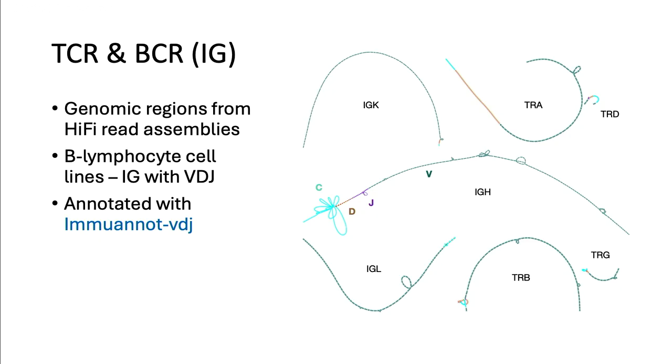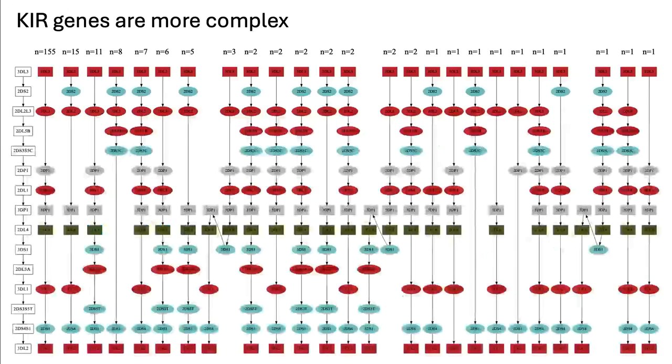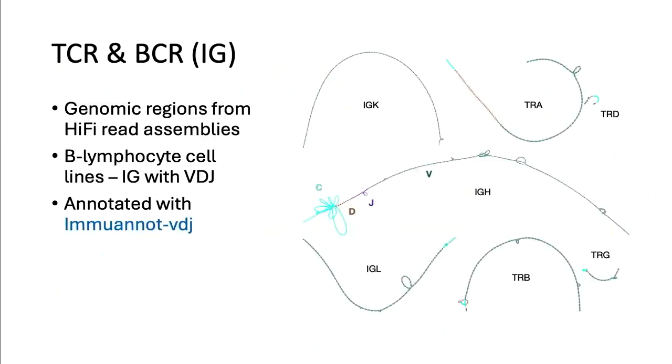Previously, people did a lot of studies on these regions, mostly using RNA-seq to analyze the expressed form. But now with assemblies, we can study the genomic region. Previously we couldn't really do that, because these regions are much more challenging to assemble than the KIR or the HLA regions.